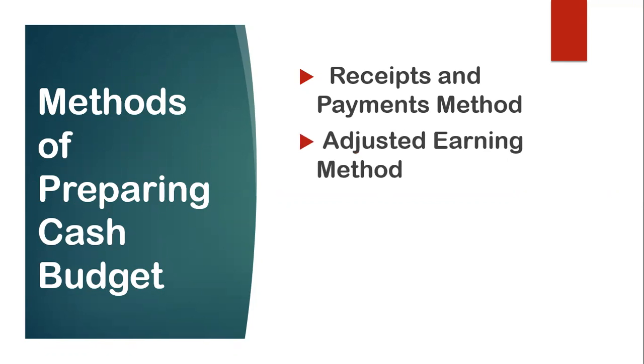Second is the adjusted earnings method. Adjusted earnings method means, see, in the profit and loss account, the net profit cannot show the exact cash balance, because the profit and loss account contains many expenses which are not actually paid in cash. We can say any provision, any depreciation.